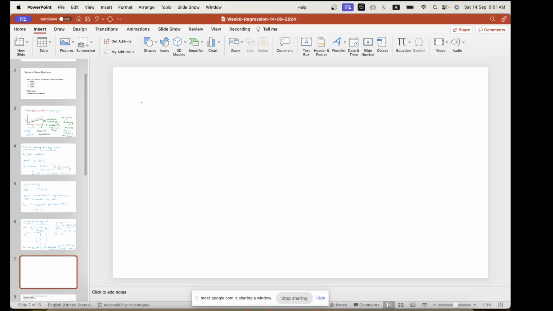If HII associated with the ith point is greater than twice the mean h bar, the mean of the distances, then we can say that yes, the ith observation is actually a leverage point.